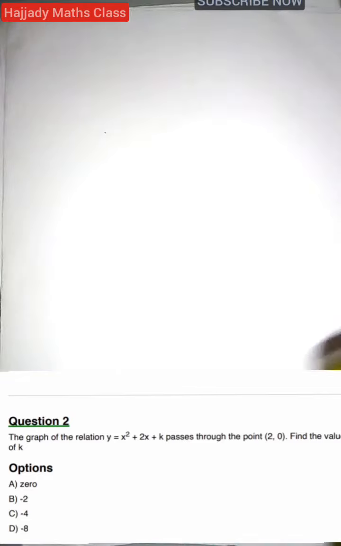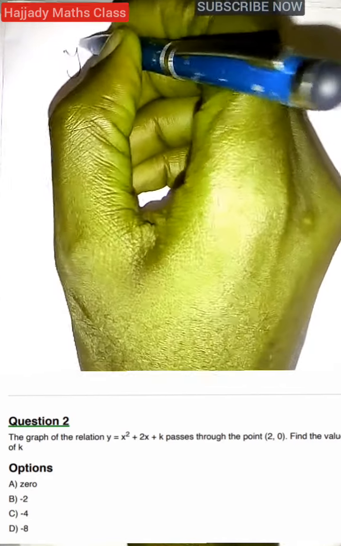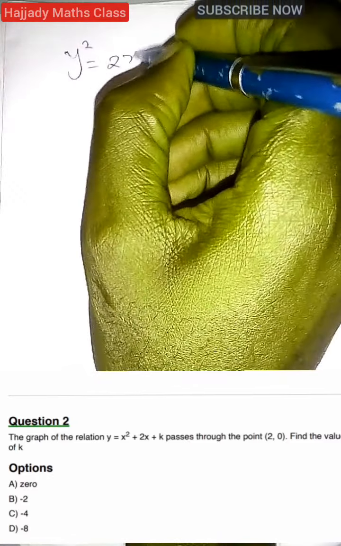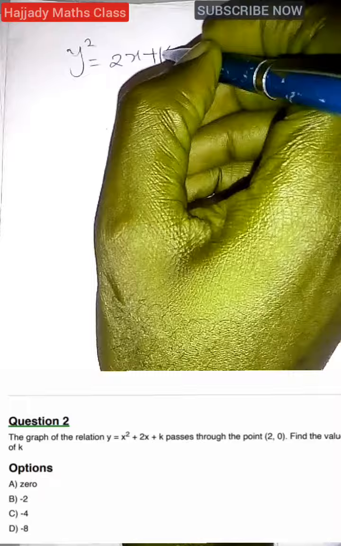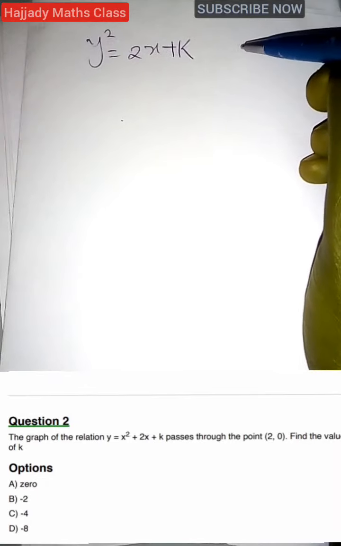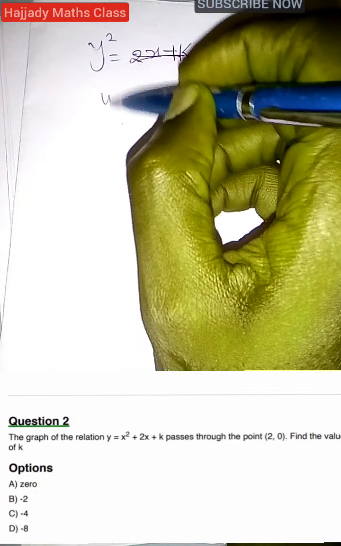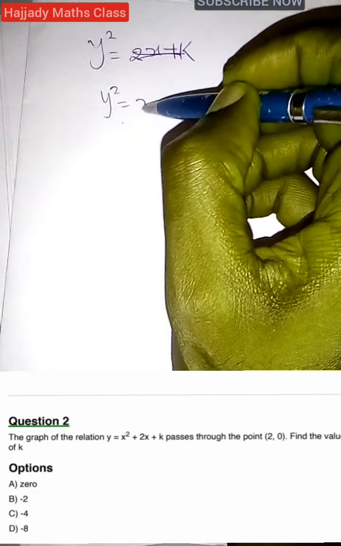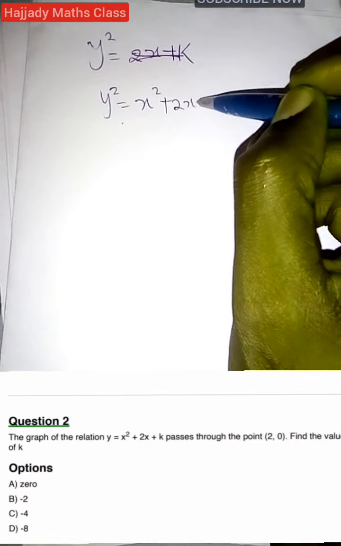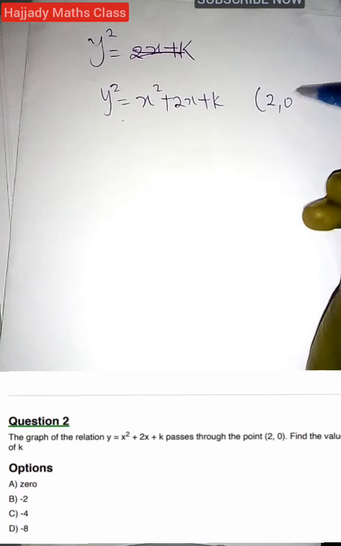Now looking at this, this is the equation: y equals x squared plus 2x plus k, and it passes through this point (2, 0).